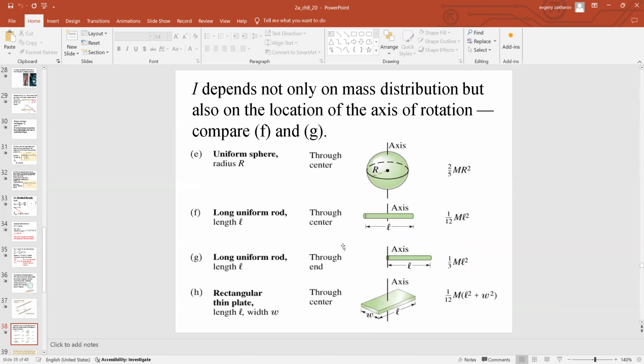That's the table that I'm talking about. See how for a sphere with a certain radius, your rotational inertia is 2/5 mr squared. And for a certain rod, with respect to the central axis, it's 1/12 ml squared. L is the length of the rod. See how it's the same rod, but now the axis of rotation is not through the central point, not through the middle point, but rather the side, or one of the sides of the rod.